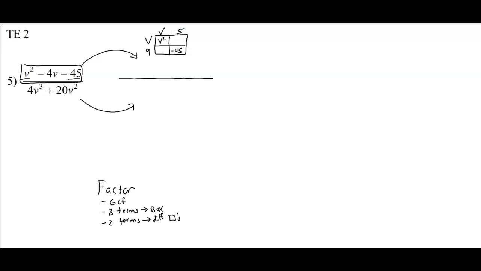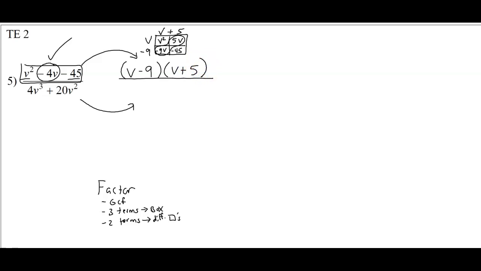I know that either the 5 or the 9 have to be negative. And I know I'm right if these 2 terms add up to make the middle, and in this case they do. Negative 9 plus 5 does make negative 4. Okay, so the top factors into v minus 9 and v plus 5.